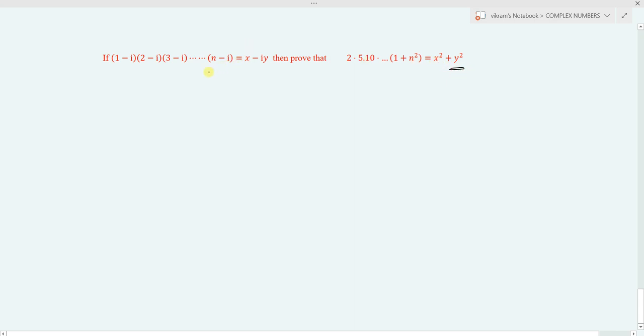How do we obtain x square plus y square? If x plus iy is a complex number, then its modulus is the square root of x square plus y square. So for the given condition, simply apply the modulus.